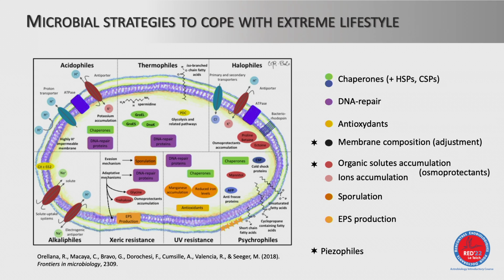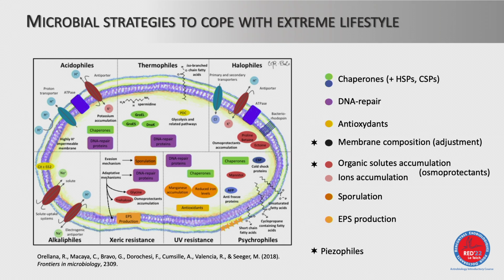What is really important here is to think that acidophiles, for example, and alkalophiles keep the pH in the cells neutral. They have developed mechanisms to keep the pH neutral.